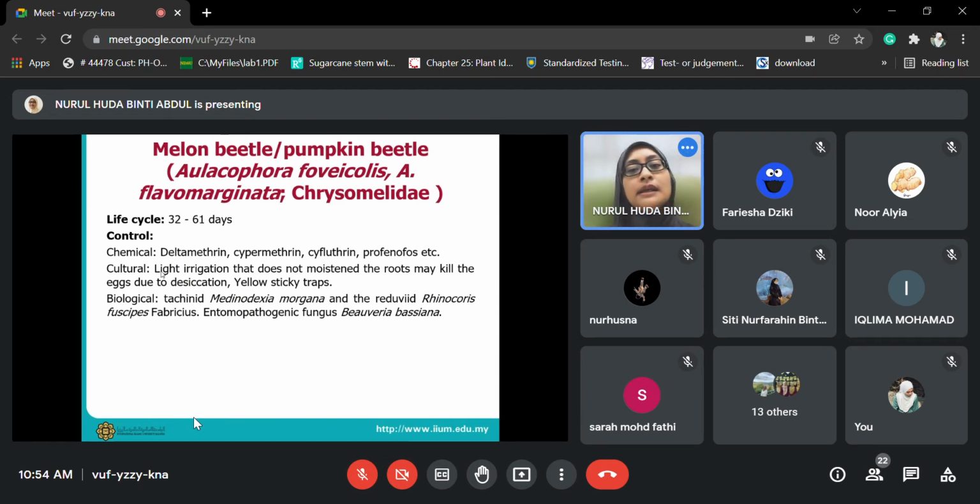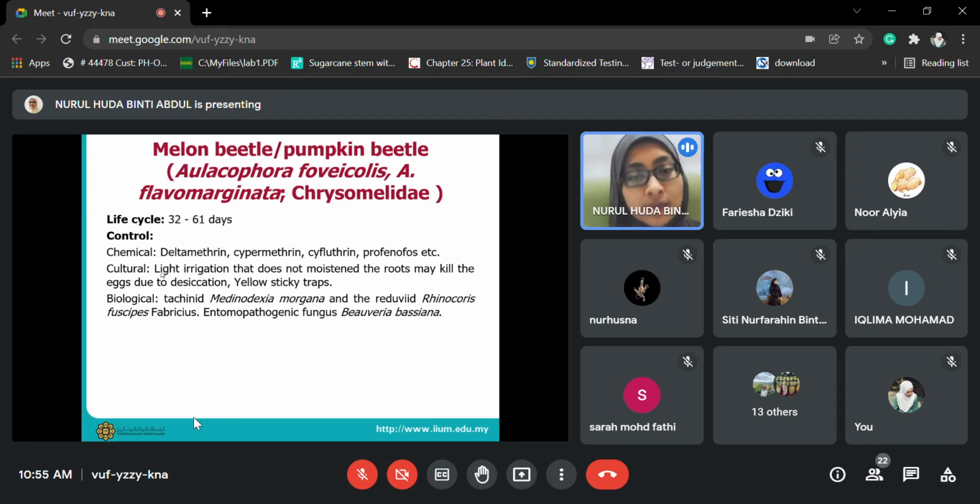So it's actually a sticky trap. And why yellow? The color for the sticky trap is usually in two colors. The first one is yellow, another one is blue. But the most common use is yellow, since most insects are attracted to something brighter. Maksudnya they are attracted to light, something yang nampak macam terang.